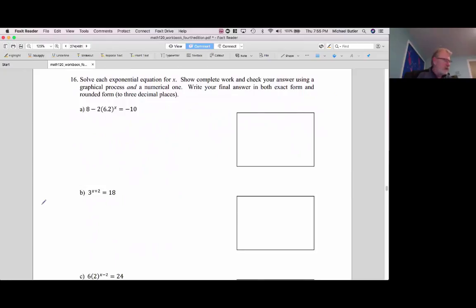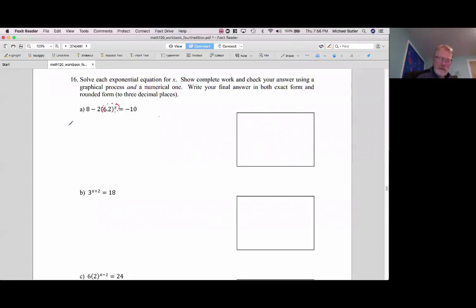In other words, you need to get it to look like a to the x is equal to b. You can think about the exponential part there as the big blob I need to solve for. I need to get that isolated, all by its lonesome.